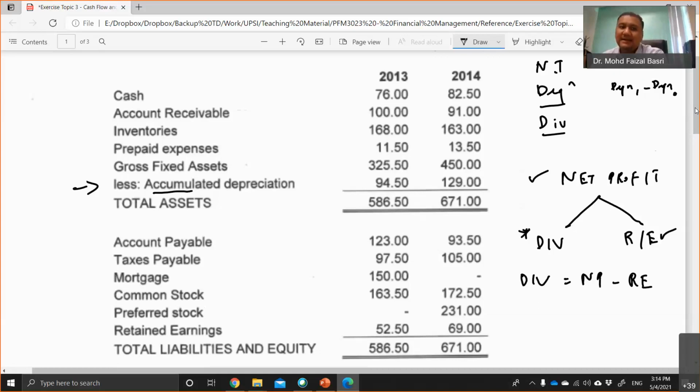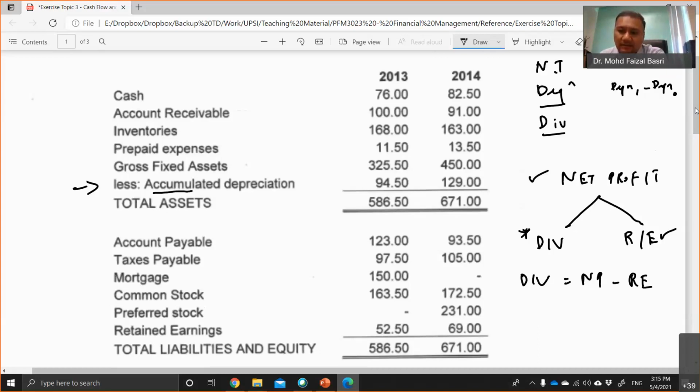But similar to depreciation, the retained earnings is accumulated every year. So to get the current retained earning, you need to subtract.